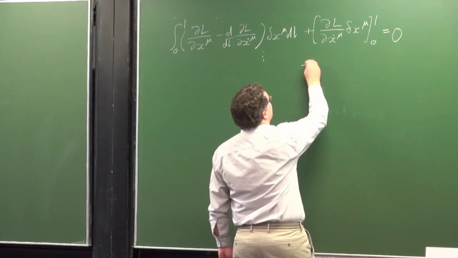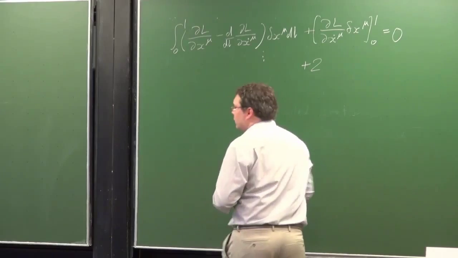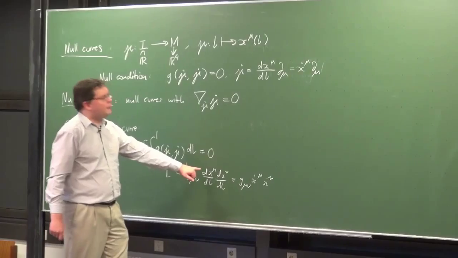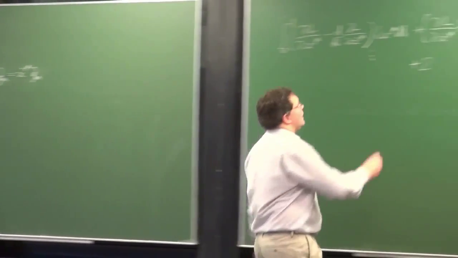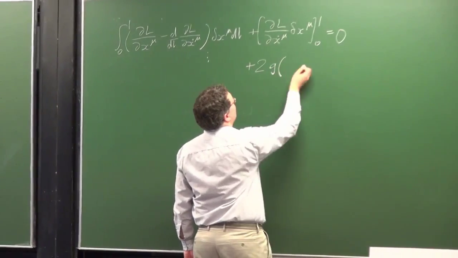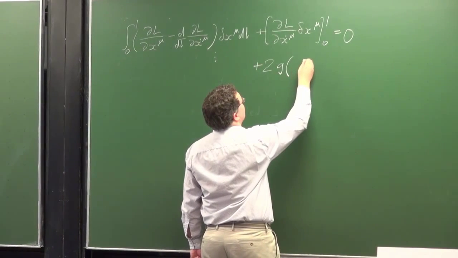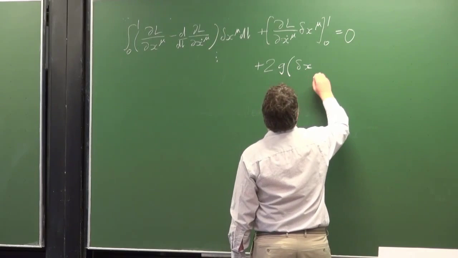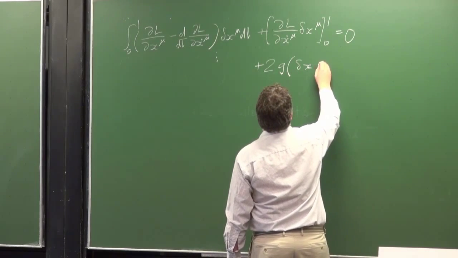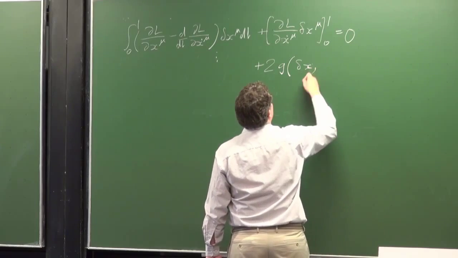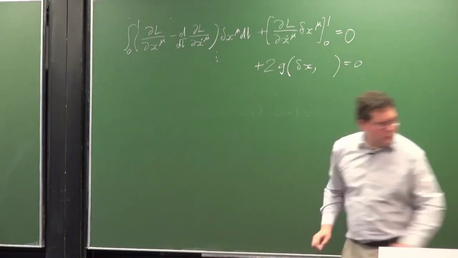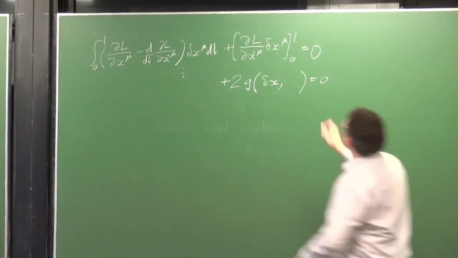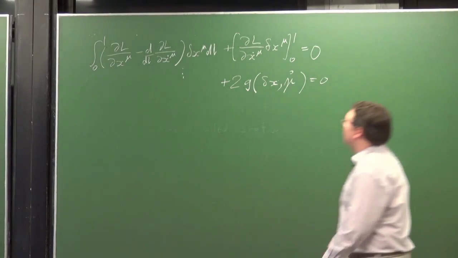So this term will just give us 2 times g mu nu x dot mu. Let's write it like this.